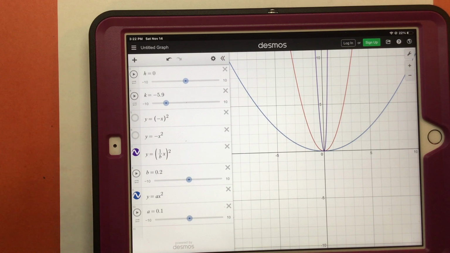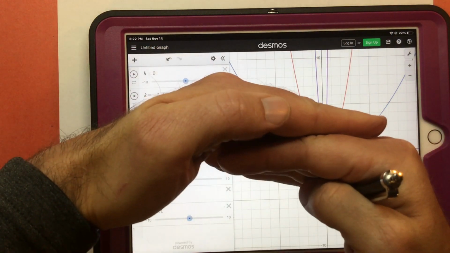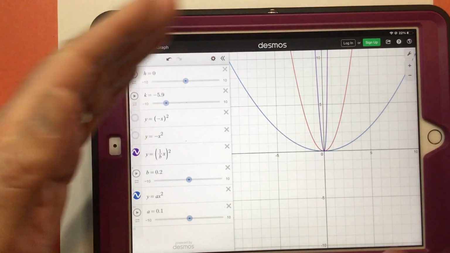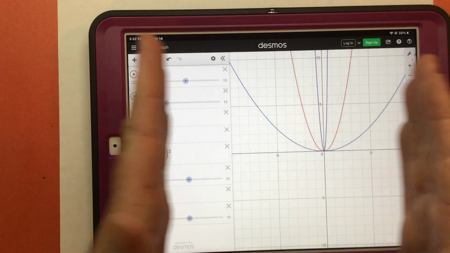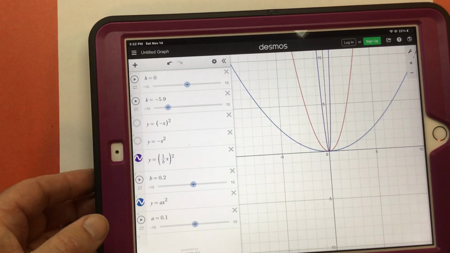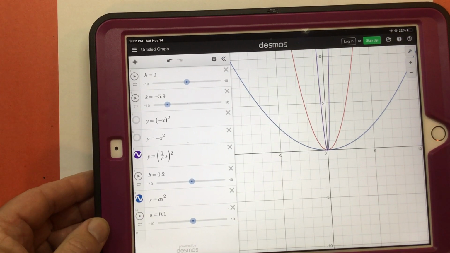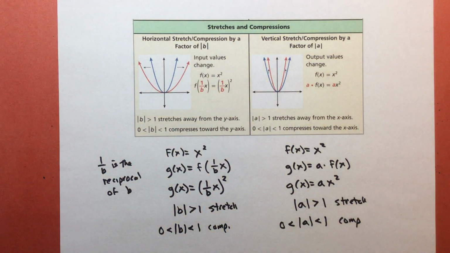So a horizontal compression, squeezing it this way, looks like a vertical stretch. And a horizontal stretch looks like a vertical compression. I want you to notice that, but that's not going to be anything that you're going to be tested over. We're going to try to make it kind of clear with it.